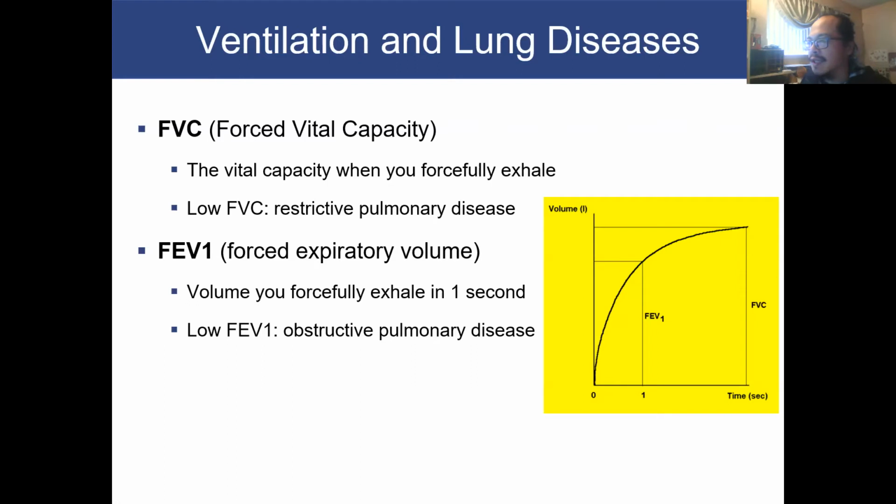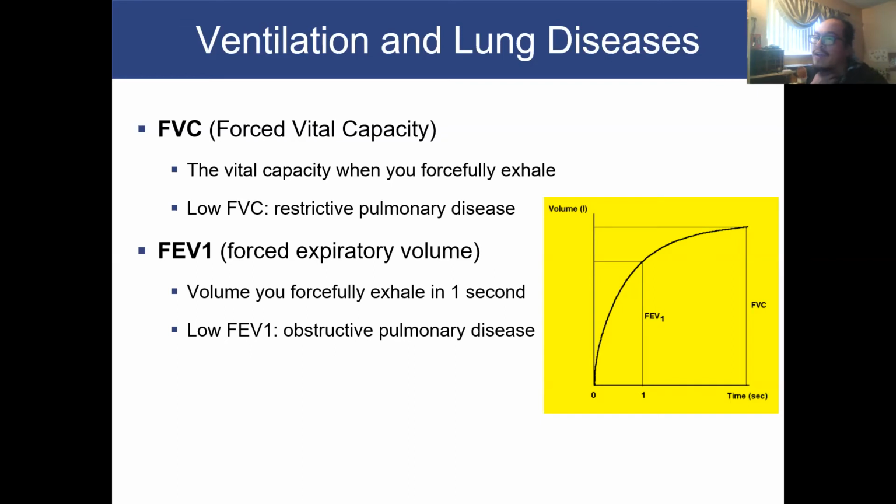If your airway is narrowing but your lung is okay, then you can reach the normal forced vital capacity. Everything will get squeezed out, but slower. So your FEV1 will be low, because the airway is narrowing, right?